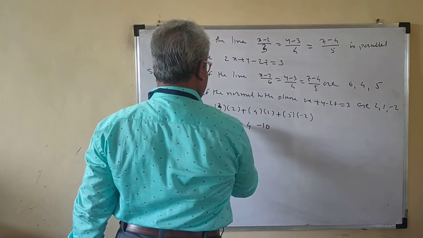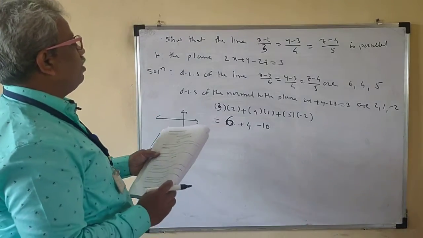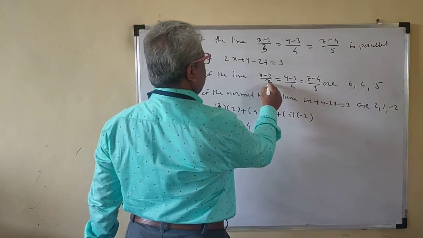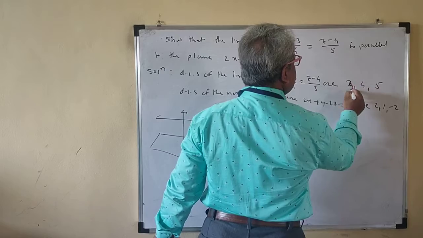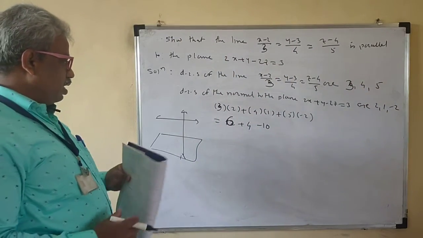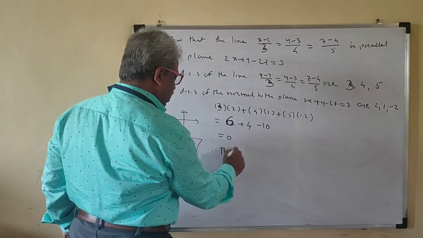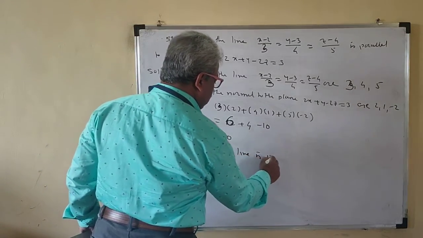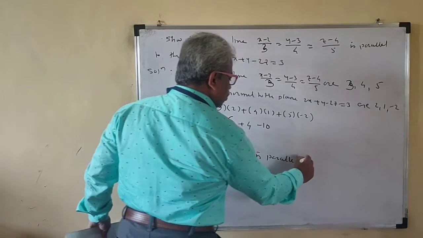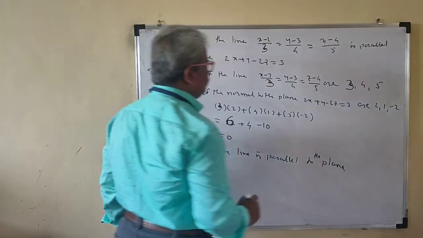So this will be 3. Printing mistake is there. We take 3, so we'll correct the problem. So that is 3. Now this is 0. Therefore the line is parallel to the plane.